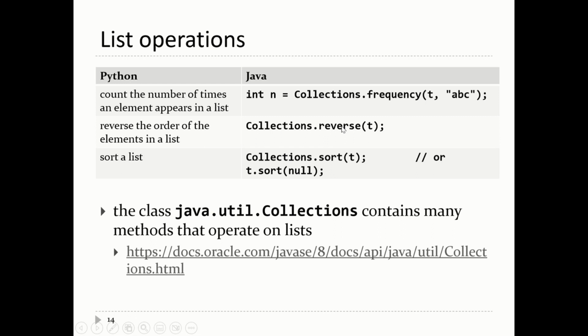Reverse and sort. And there's a whole bunch of other methods in collections as well that you might find some use for at some point in time. Again, click the link, read the documentation, and see if there's any methods there that are of interest to you.